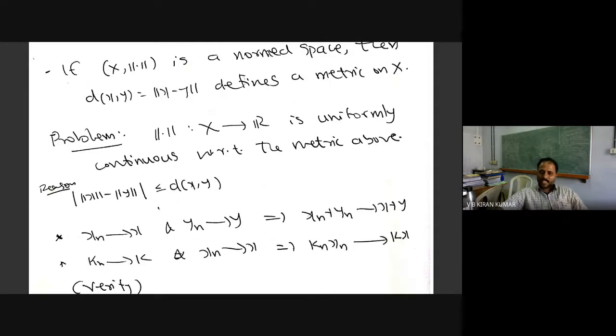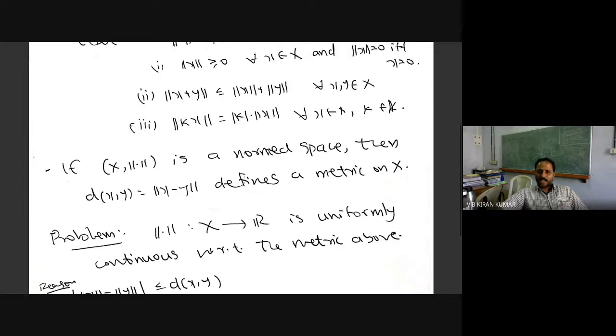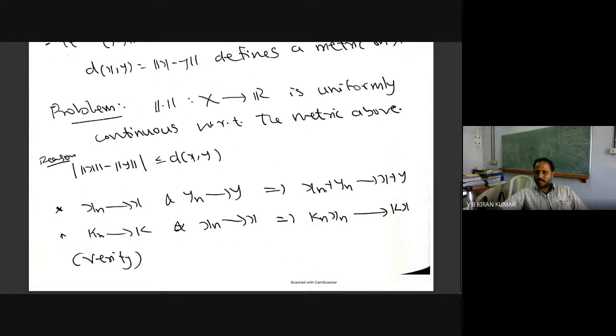You can also see other things like: x_n converges to x and y_n converges to y with respect to this metric will imply that x_n plus y_n converges to x plus y, and k_n converges to k will imply that k_n x_n will converge to kx. These are easy consequences of the triangle inequality. We want to prove that x_n plus y_n converges to x plus y.